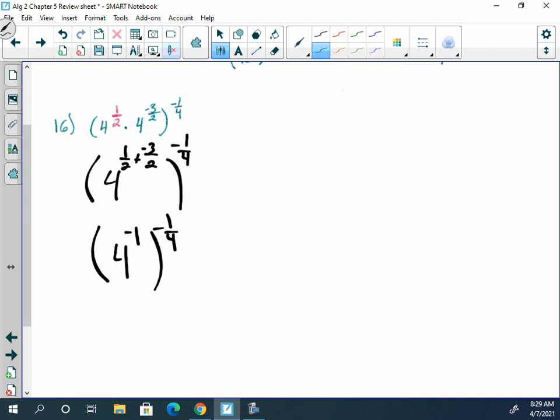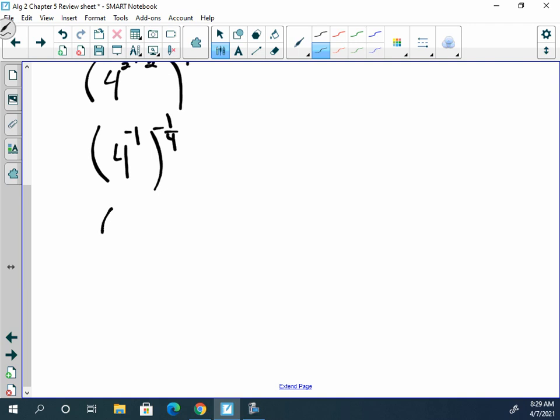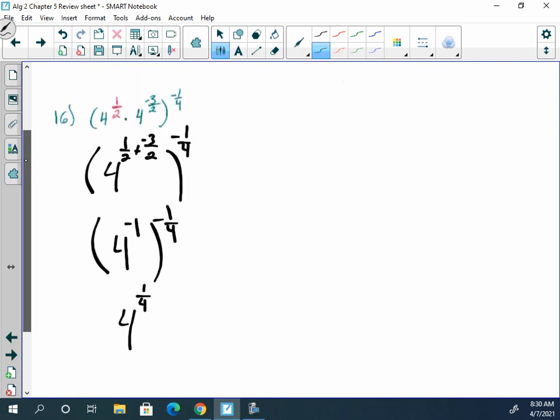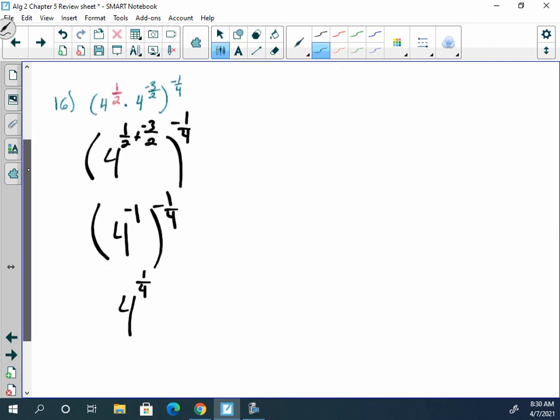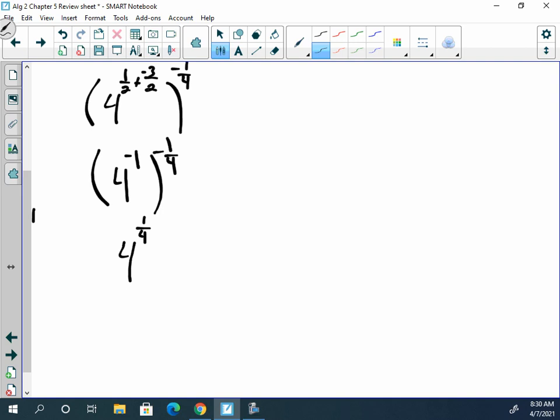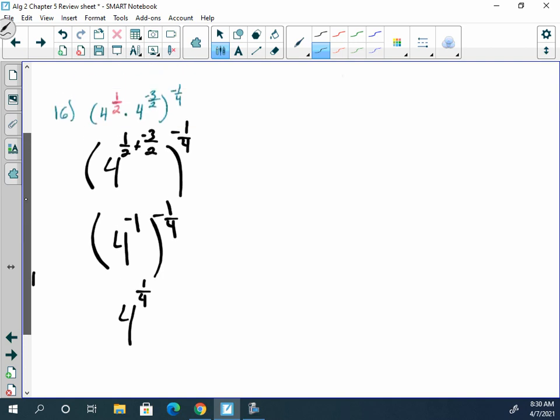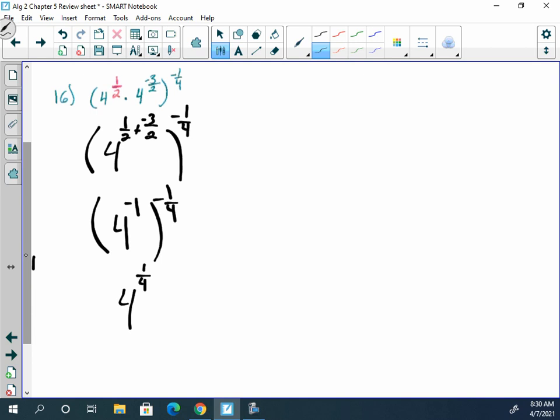Now, because powers of powers multiply, we'd have -1 times -1/4. Well, -1 times -1/4, the negative and negative make a positive, and 1 times 1/4 is 1/4. Because powers of powers multiply.